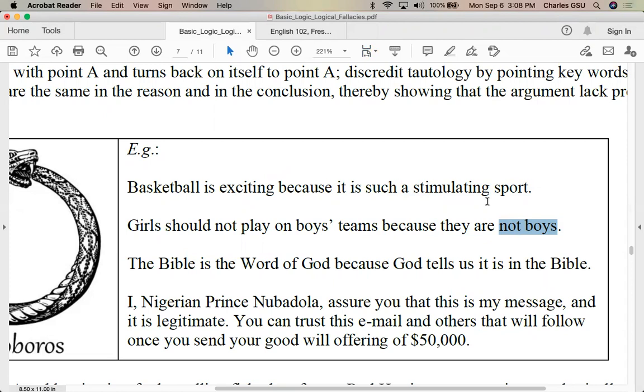So now in this world of trans identity and LGBTQI plus, it becomes a little trickier to categorize girls and boys, obviously, but even so, you need to give specific reasons, like the basketball example, of why they should not be on boys' teams.